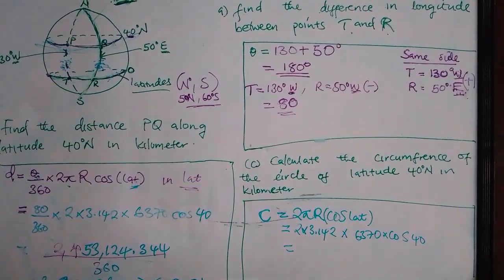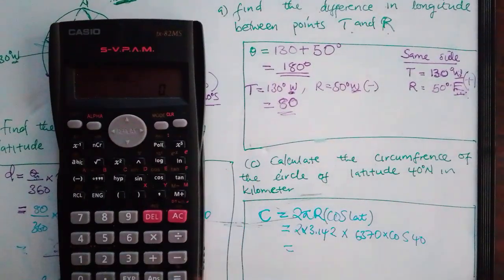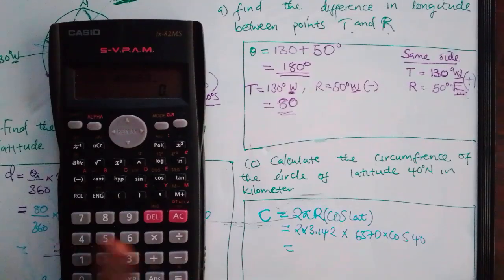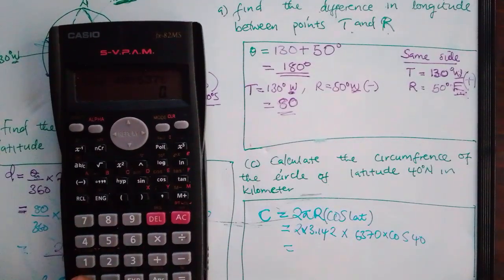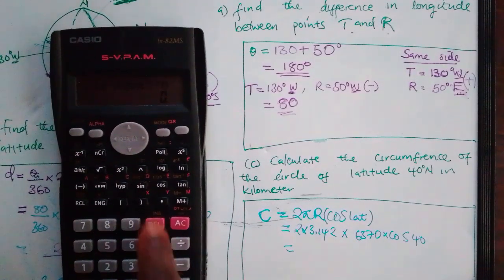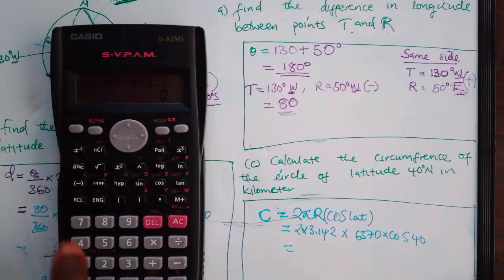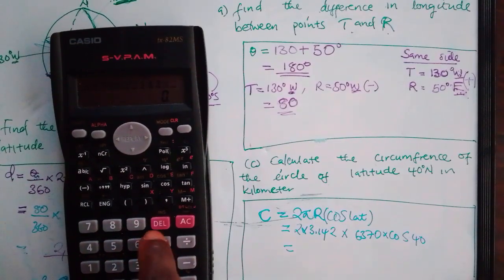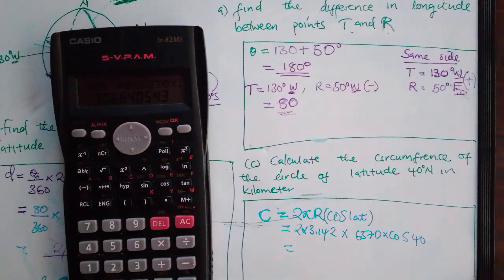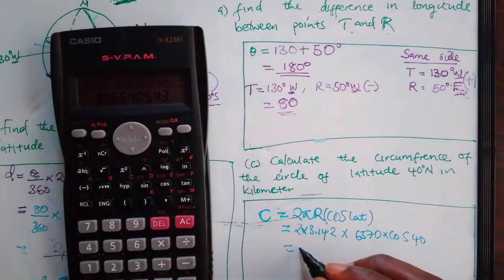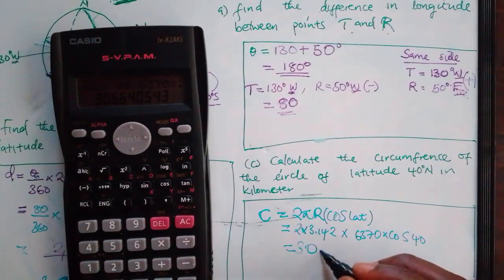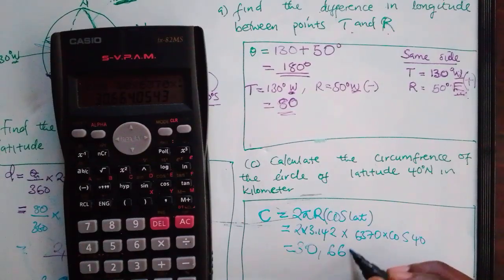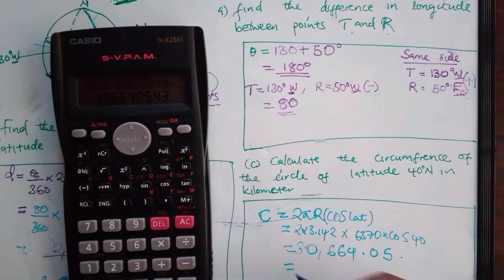So you start from cos 40 degrees multiplied by 63.70 multiplied by 3.142 multiplied by 2. So our circumference is basically 30,664.05. So again, leave your answer to 3 significant figures.